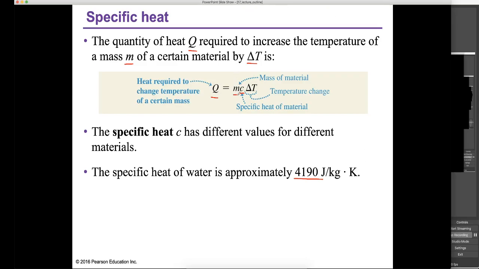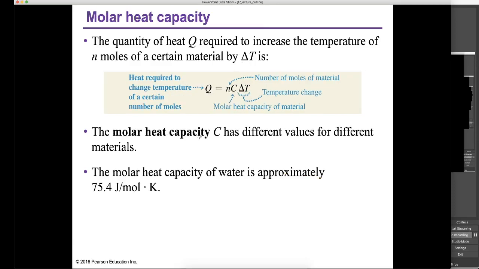But actually, this specific heat is not very commonly used. Instead, another commonly used quantity is the capital C, which is the molar heat capacity of a material. So the quantity of heat Q required to increase the temperature of n moles of a certain material by delta T is given by this equation.